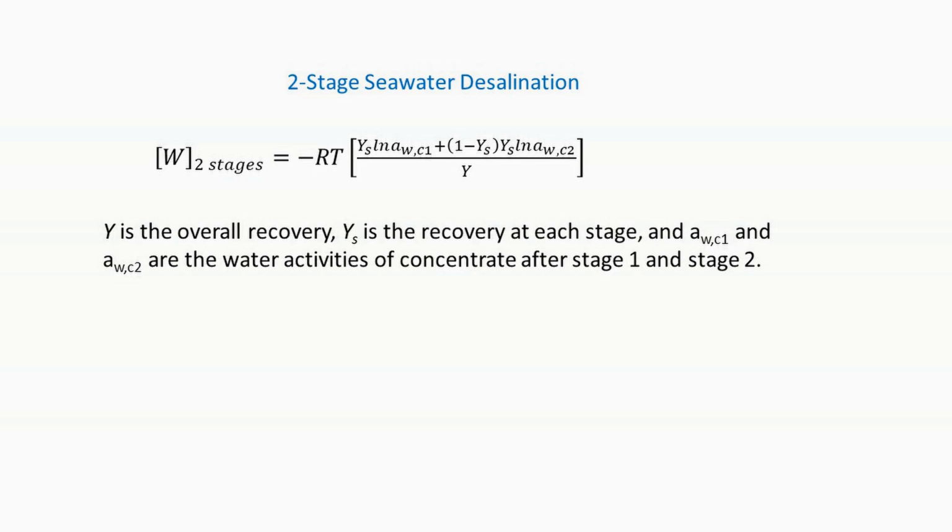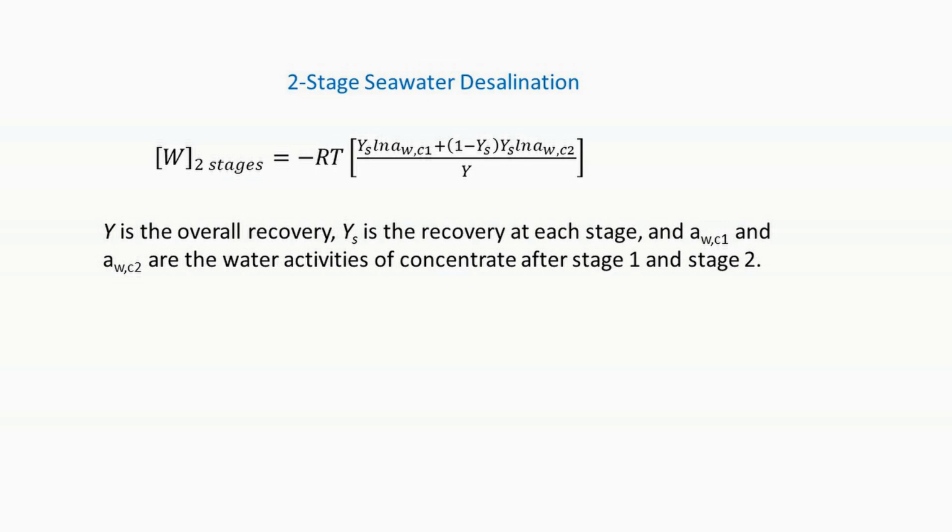In this equation, Y is the overall recovery, Ys is the recovery at each stage, and AWC1 and AWC2 are the water activities of the concentrated seawater after stage 1 and stage 2 desalination. Now, you can of course get the values of this activity from the vapor pressure data which we had discussed.